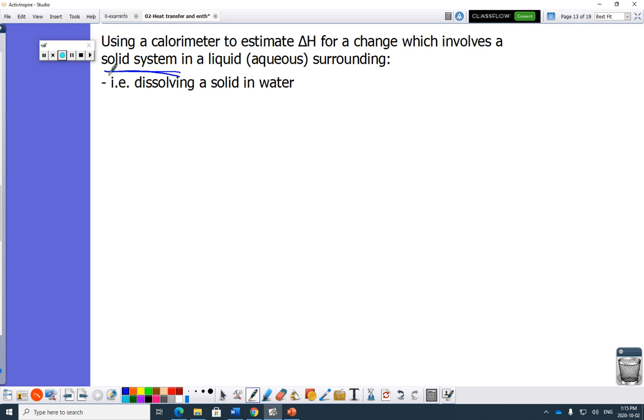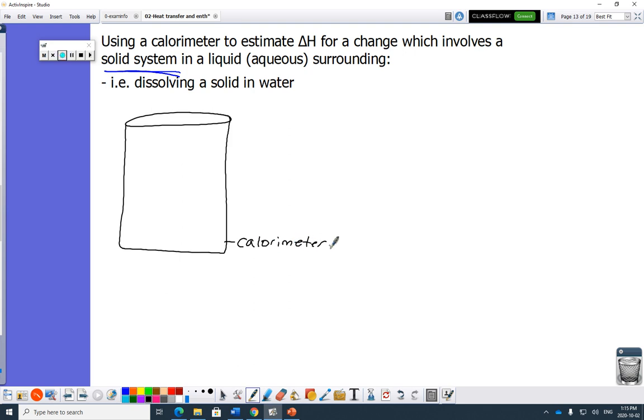Okay, so draw a calorimeter. Please don't judge my artistic skills. A calorimeter, we want it to have a closed lid. The surroundings will be water, so draw some water.